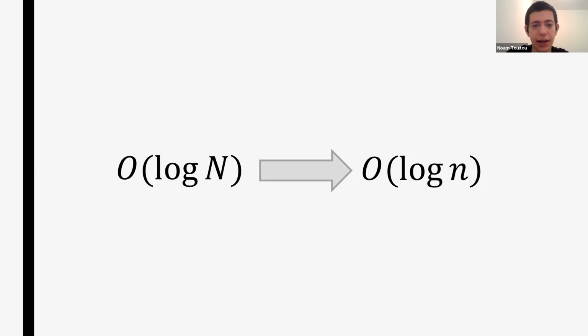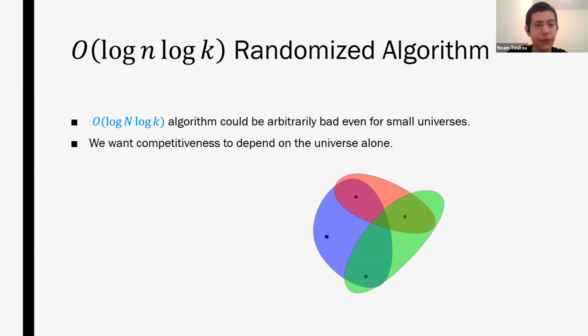So this rounding scheme, as stated, obtains a log capital N loss over the underlying fractional algorithm, and it remains to change this to an O log small n loss. So again, recall that our goal in doing this is to obtain something that has a competitive ratio which depends only on the universe.